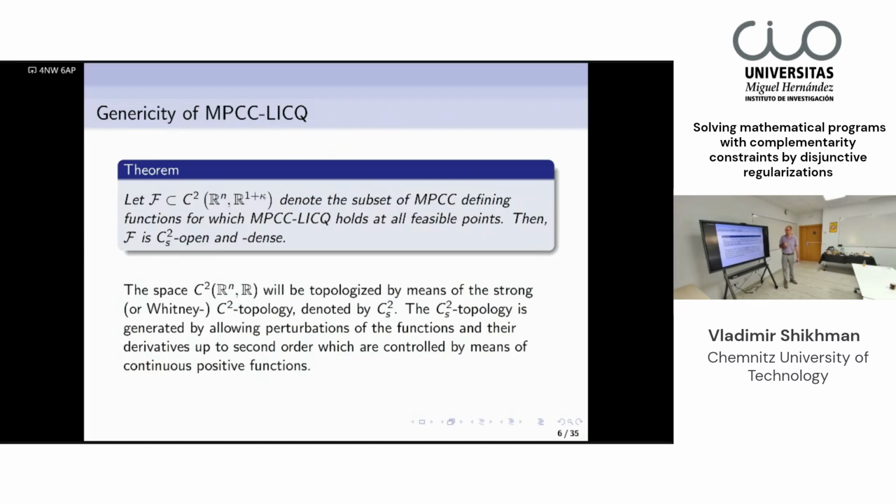Meaning that, naively speaking, if you have a problem where on a feasible set LICQ goes wrong, this is of measure 0. A rare event. It will happen, of course, but you wouldn't see it normally.